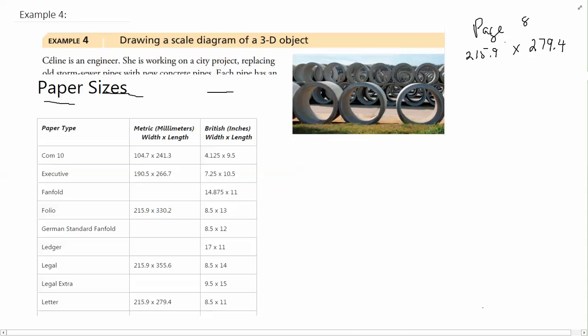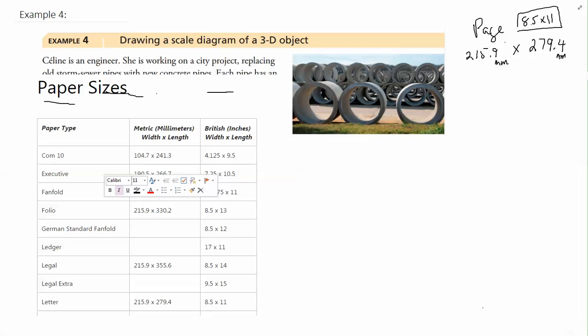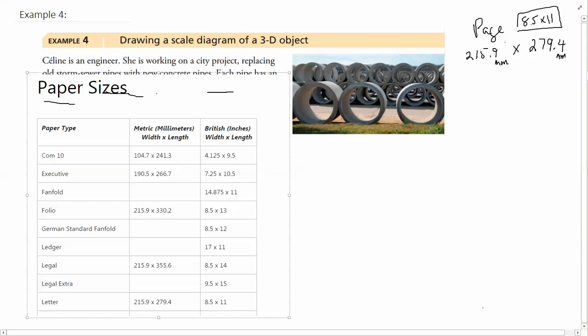And this is a regular 8.5 by 11 page, but in millimeters. Okay, so I'll just take that paper size sheet out. I just picked it up off the internet so that we could have that information.